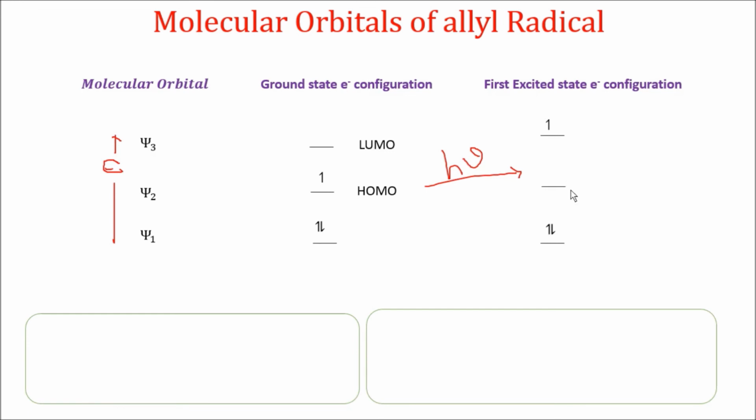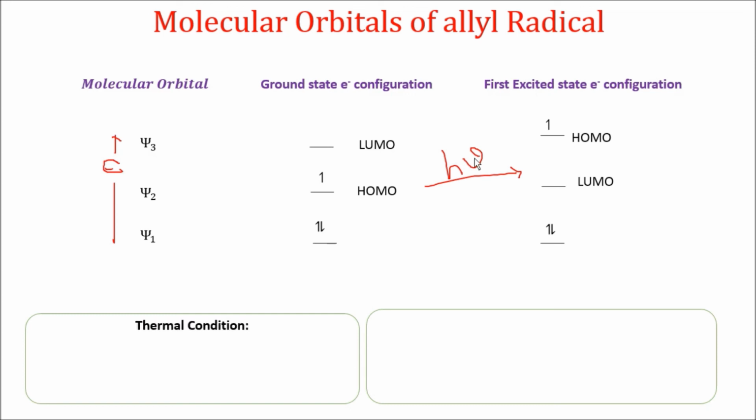To identify HOMO and LUMO, here Psi1 and Psi3 have electrons. Of Psi1 and Psi3, Psi3 has higher energy, therefore that becomes HOMO. Psi2 does not have any electrons, therefore it is LUMO. So interestingly friends, in allyl radical HOMO and LUMO are exchanged between the ground and first excited state.